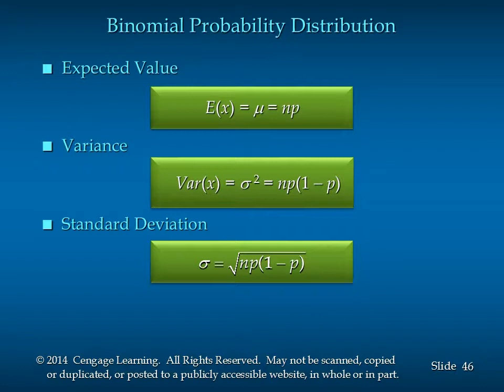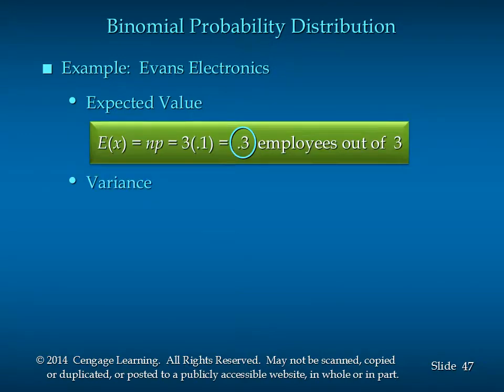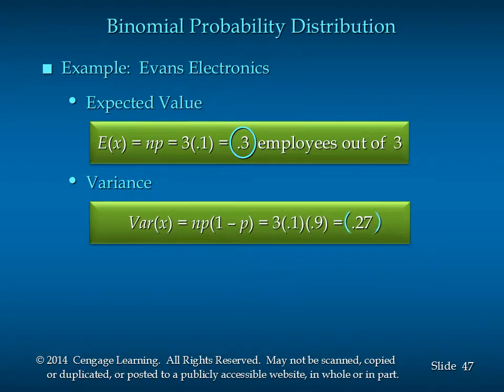What was the n on yours? 2. What was the p? 0.4. So it was 2 times 0.4, so it would have been 0.8, that's right. Okay. In this example, it ends up being 0.3.